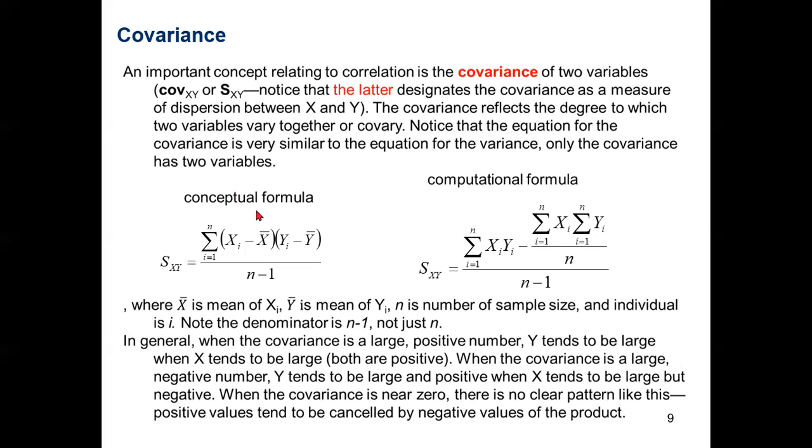When you have only one variable, like 300 dots only on the x-axis, or 300 dots only on the y-axis, it is a variance. It describes how the dots vary on that axis. This is the definition of variance, right?